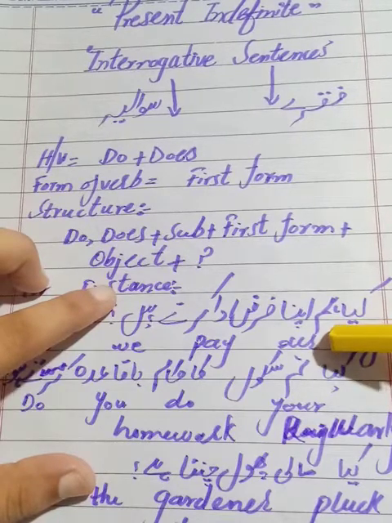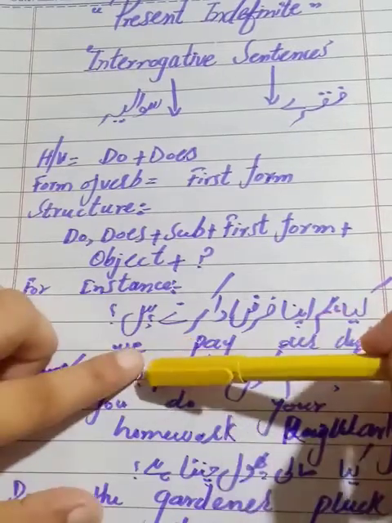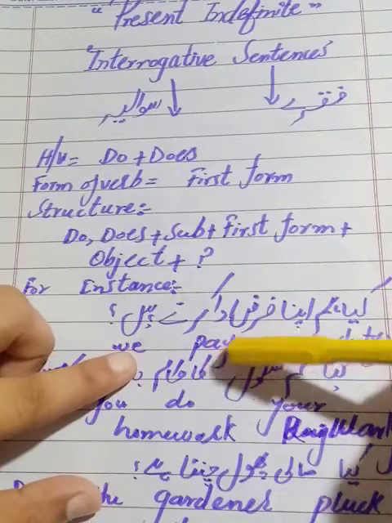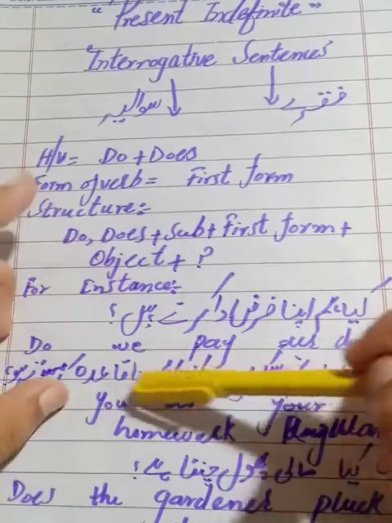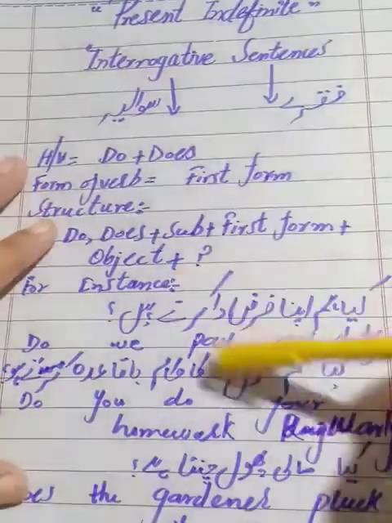Here हम is used. हम is plural, it means we. We will use do here: do we, first form, subject is we, first form pay, object duty. Do we pay our duty? Question mark at the last of the sentence.